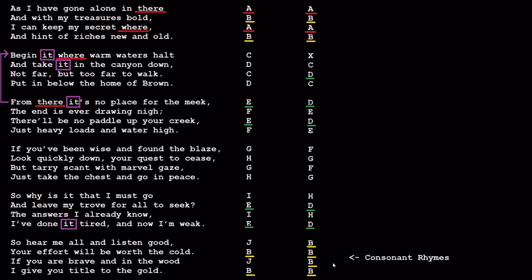You have consonant rhymes, alliterations, true rhymes, slant rhymes. It just gets really complicated. And the English language itself, of course, is very complicated. So it's very hard for a computer to do that.